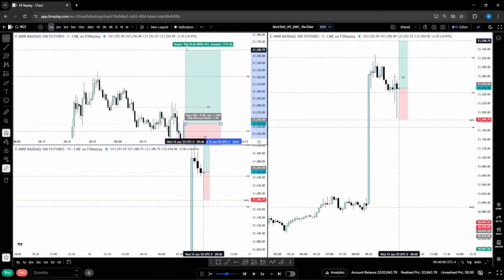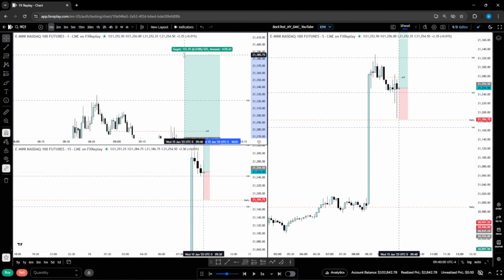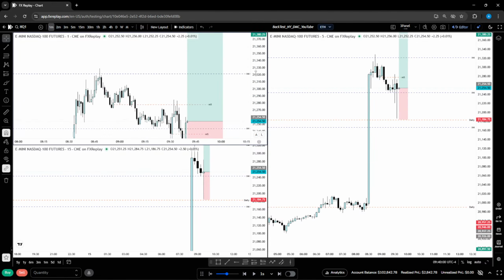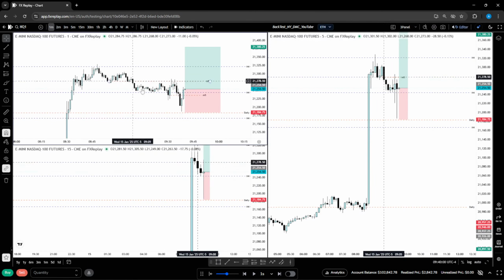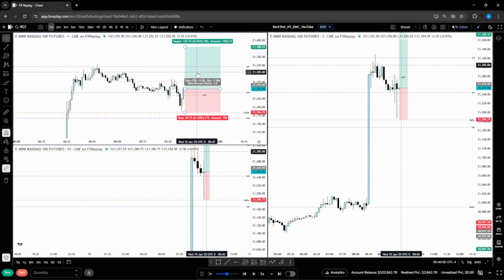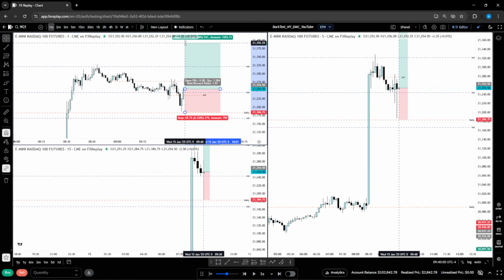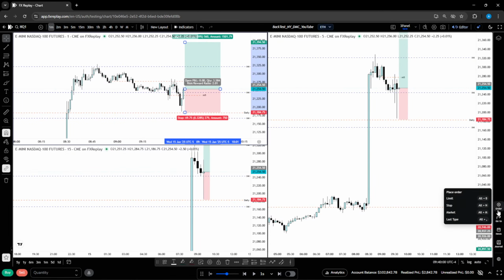It's pretty volatile, so I should take a trade like this.